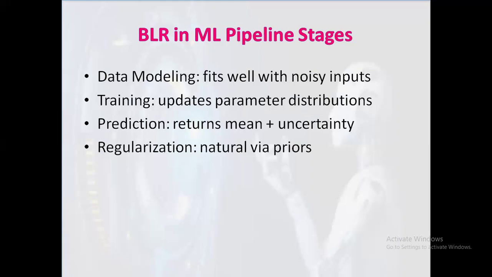In the prediction stage, the output includes both mean prediction and uncertainty estimates, allowing for more informed decision making. BLR also inherently incorporates regularization through the prior distribution on the weights, helping to avoid overfitting without the need for manually tuning regularization parameters. This makes BLR a robust and efficient option in many machine learning workflows.